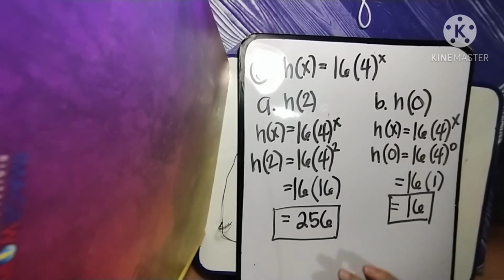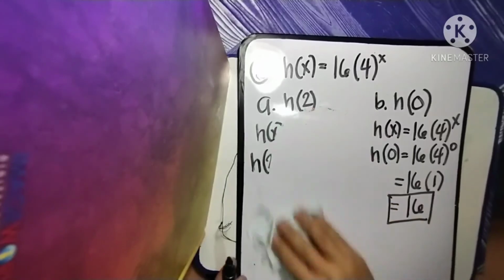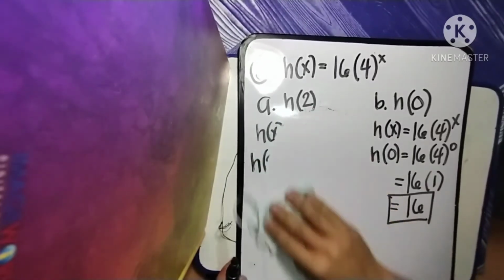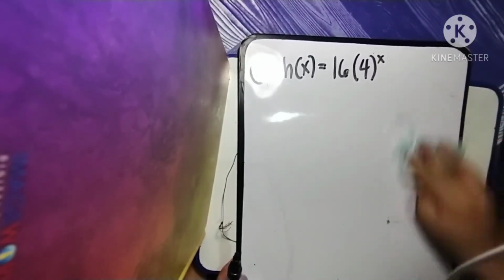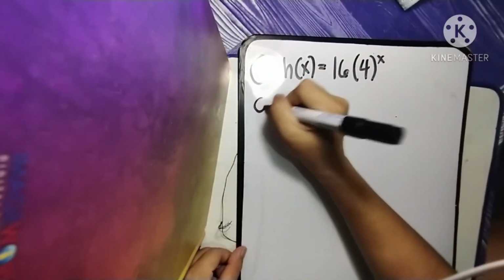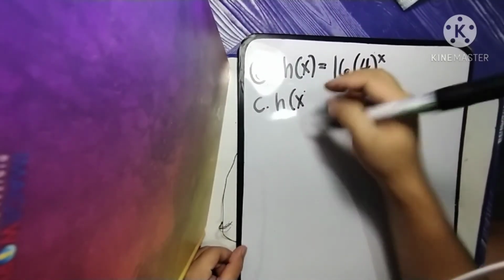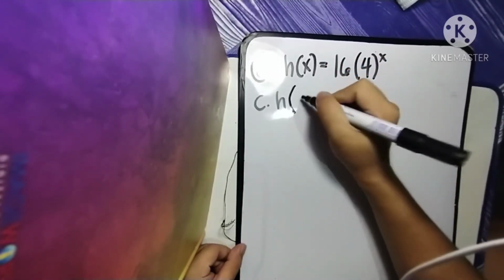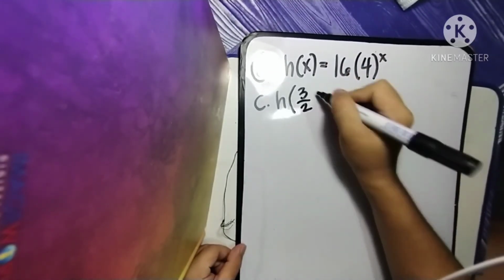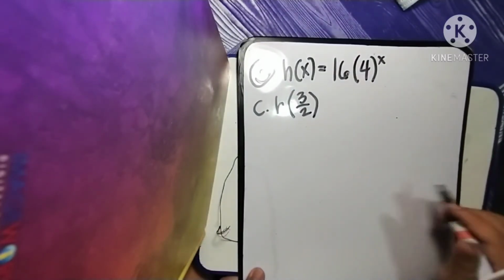Okay? So how about if the value of our x is 3 halves? If the value of our x is in the form of a fraction, so letter C, this is h of 3 halves. So let us identify the value of the function.